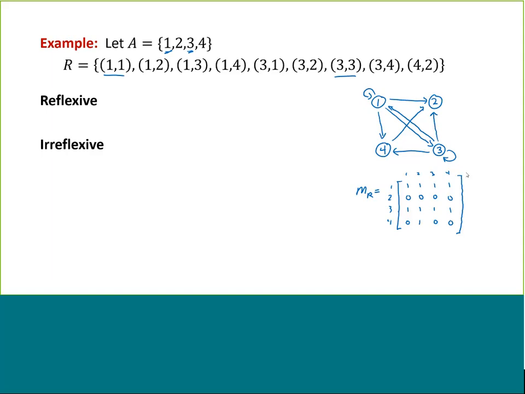We don't. So if you don't have all your loops, what does that tell you about the reflexive property? It's not going to be reflexive because you don't have all of your loops. So in this particular case, you could say it's not reflexive because we're missing our loop there at 2.